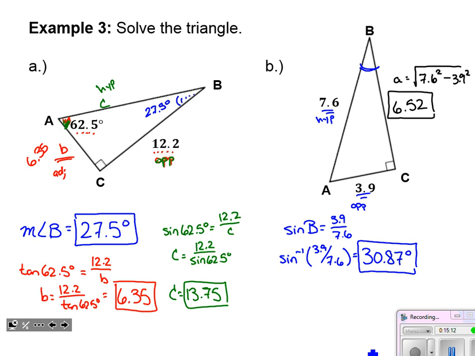Okay, and I know that all the angles in a triangle have to add up to 180. So I can do 180 minus 90 minus 30.87, and I get 59.13 degrees.